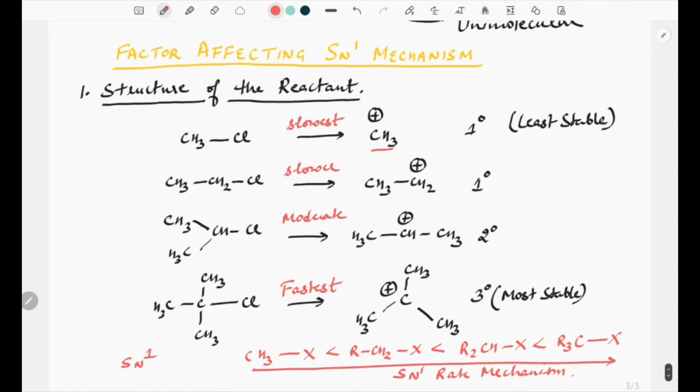I hope this answers all your questions regarding nucleophilic substitution reactions and SN1 versus SN2 reaction mechanism.